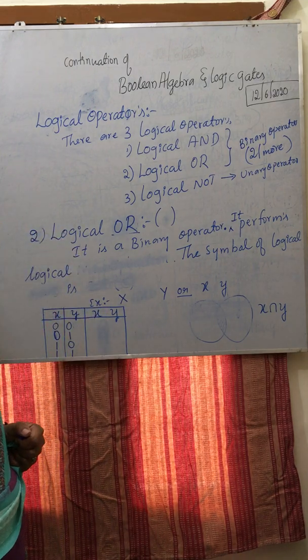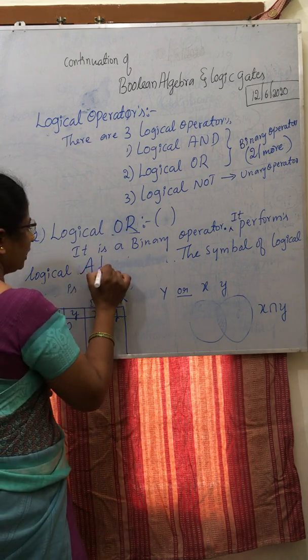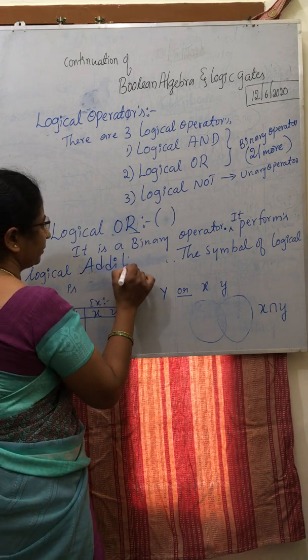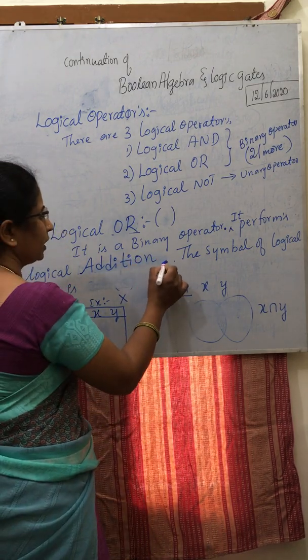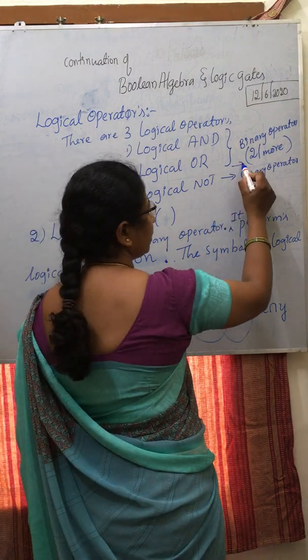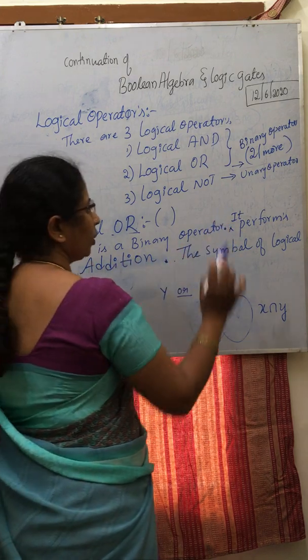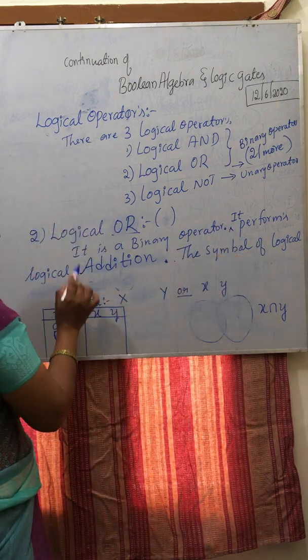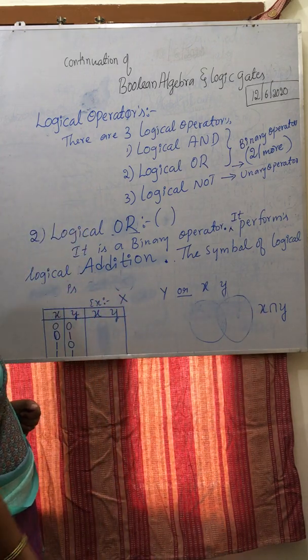It is also a binary operator. It performs logical addition. On how many inputs? Two or more inputs. It performs logical addition on a minimum of two or more inputs.